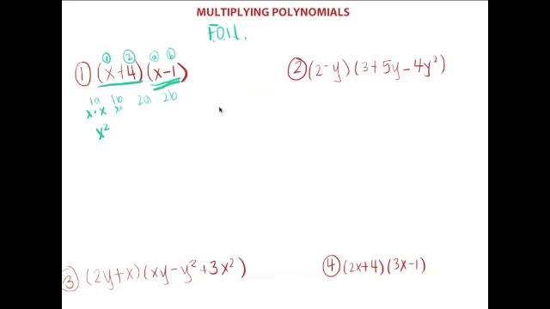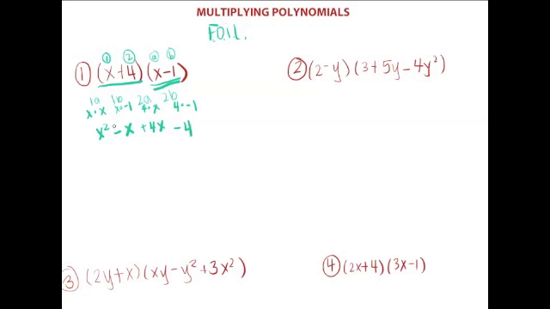So x times negative 1 is negative x. 2A would be positive 4 times x. So 4 times x is 4x. And then 2B would be 4 times negative 1. 4 times negative 1 is negative 4.